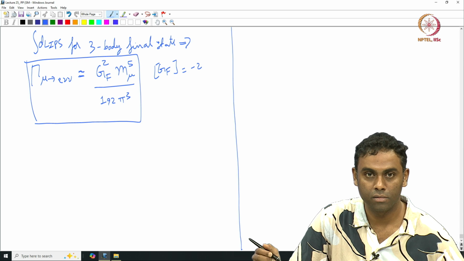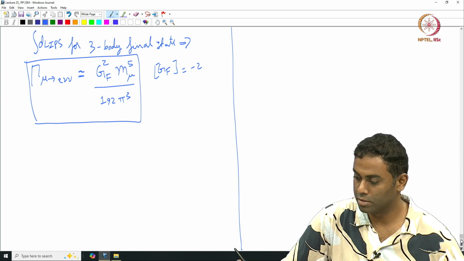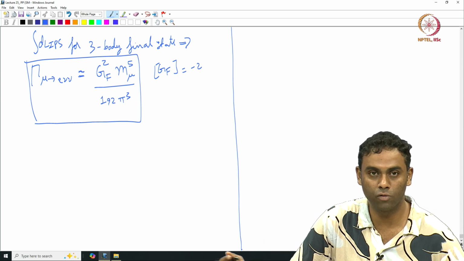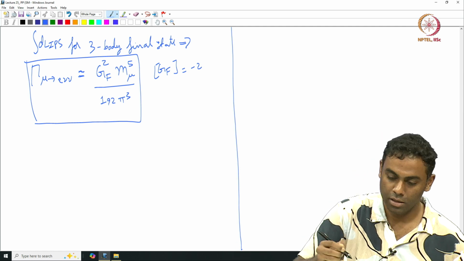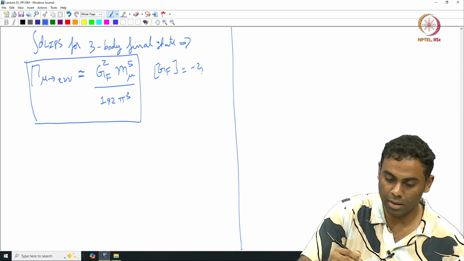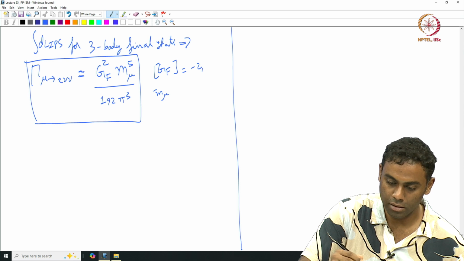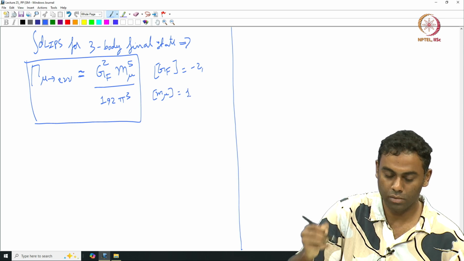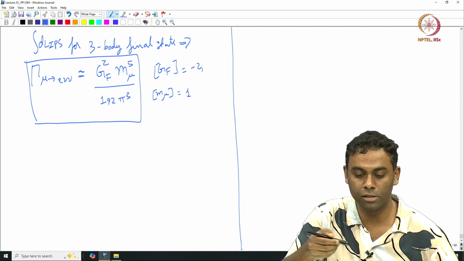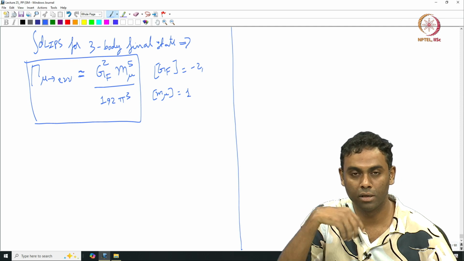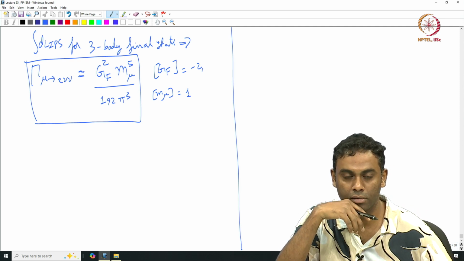That is plus 1. It is 1 over lifetime basically. So I needed some quantity with dimension 5 multiplying that, and what else could it be other than the mass of the mother to the power of 5.